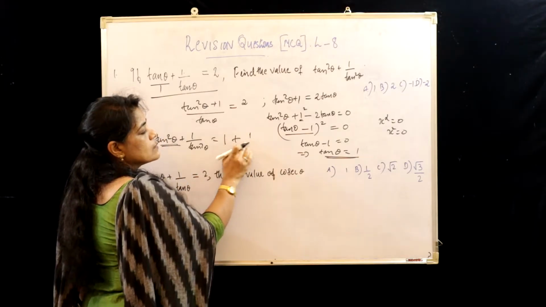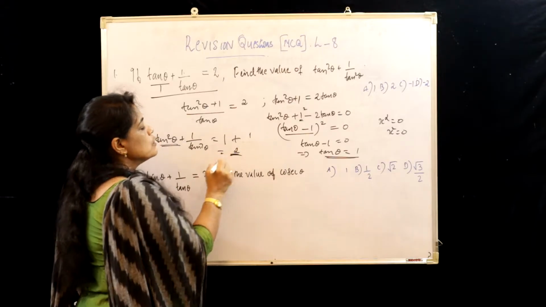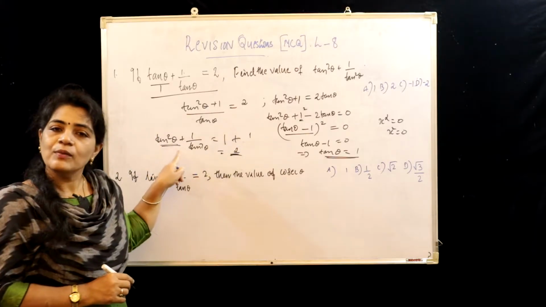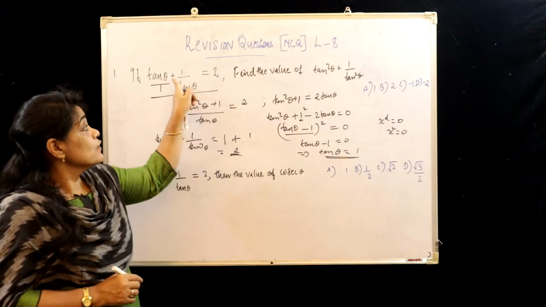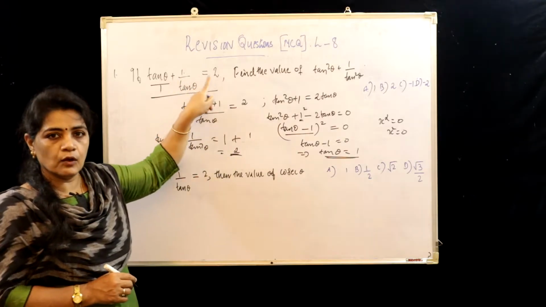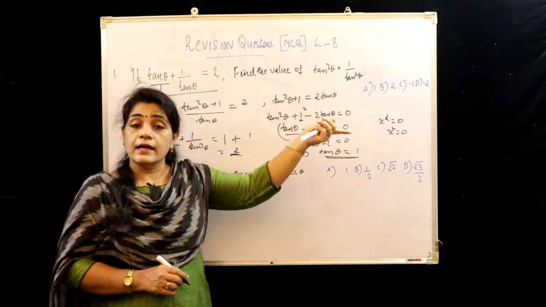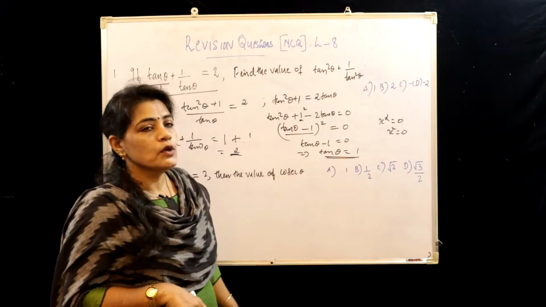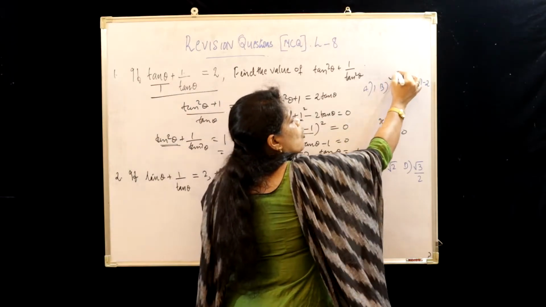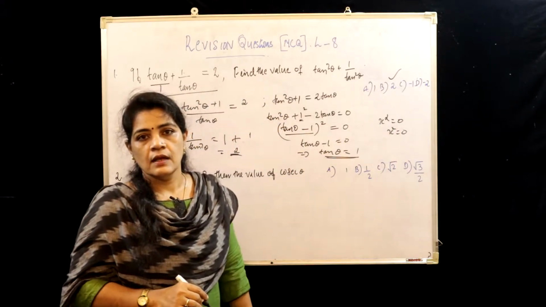So 1 plus 1 is 2. So tan square theta plus 1 by tan square theta is equal to 2. If tan theta plus 1 by tan theta equals 2, then tan square theta plus 1 by tan square theta is also equal to 2. So which is the correct option? Option B. It is clear.